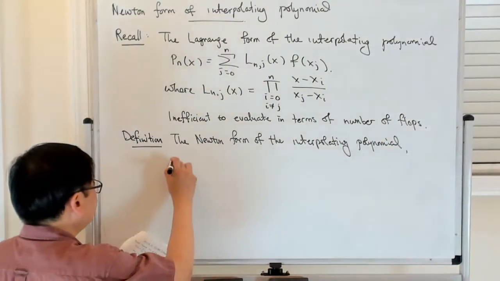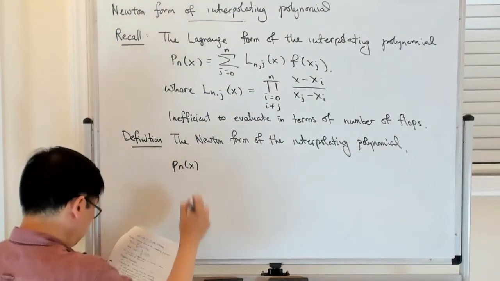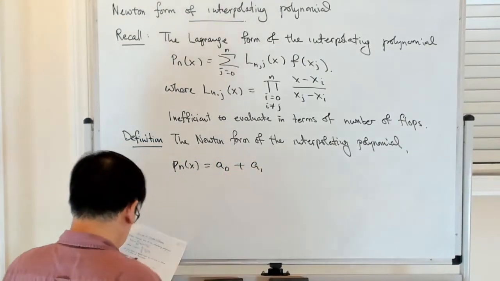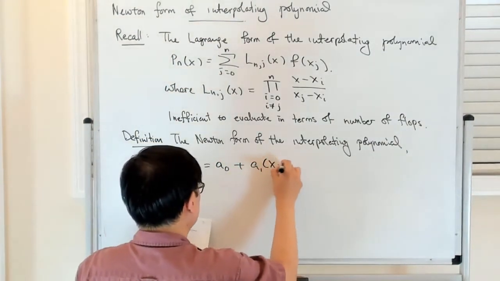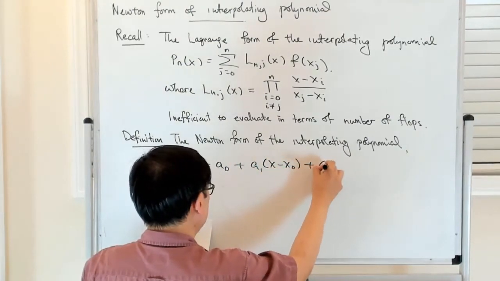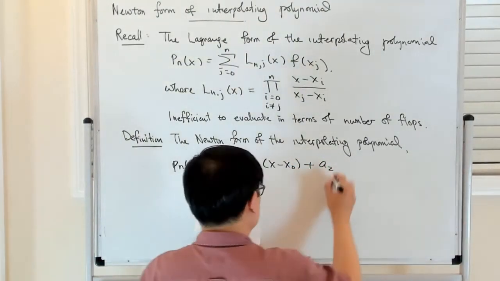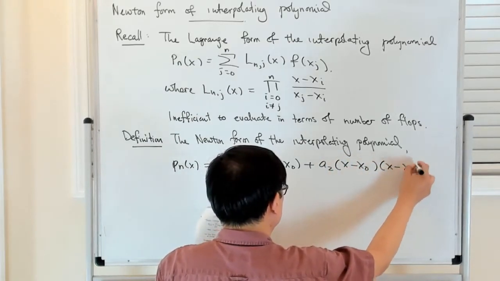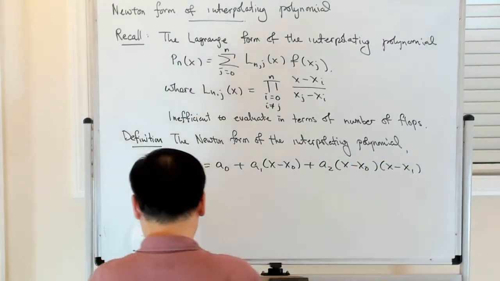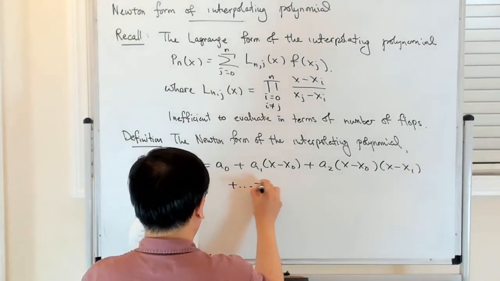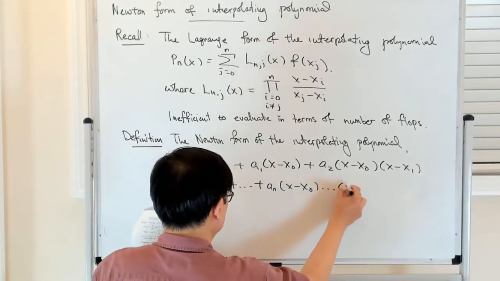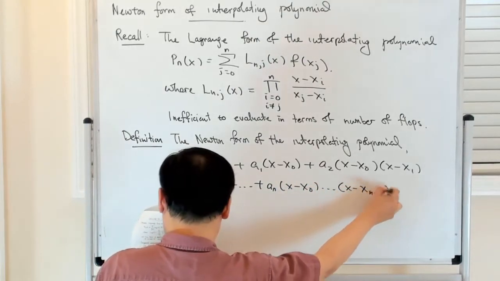I'm going to look for a Pn of x which is a0 plus a1 times (x minus x0) plus a2 times (x minus x0)(x minus x1), all the way up to an times (x minus x0) through (x minus xn minus 1).